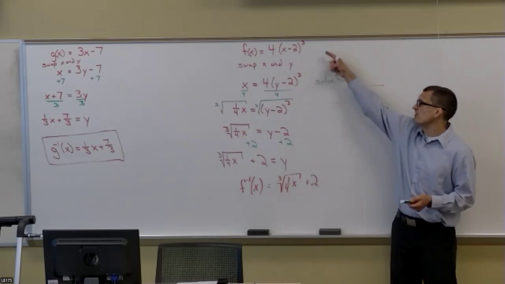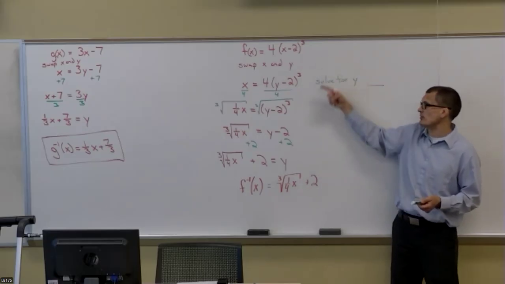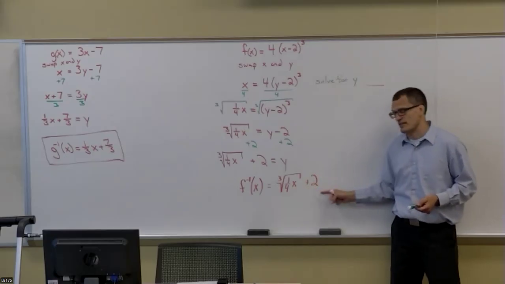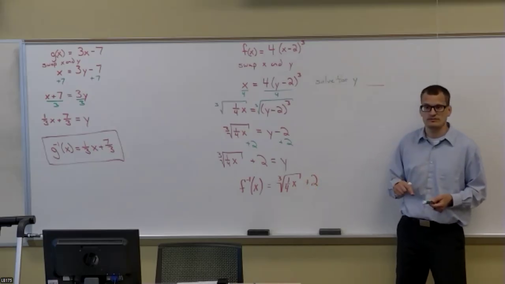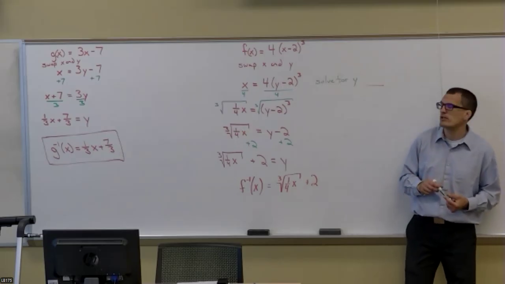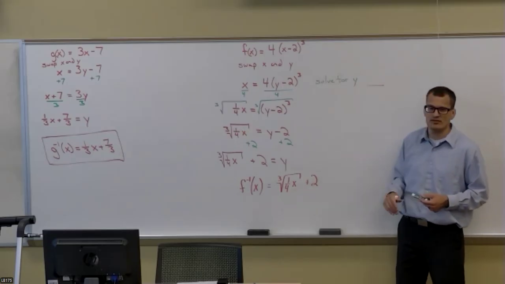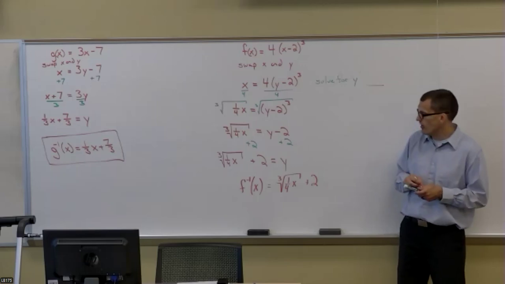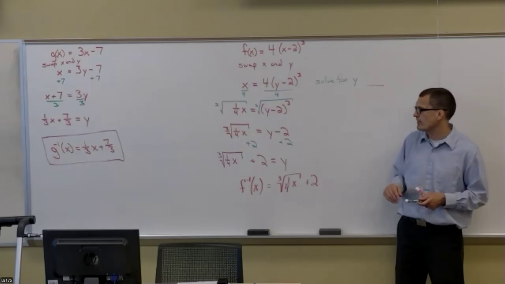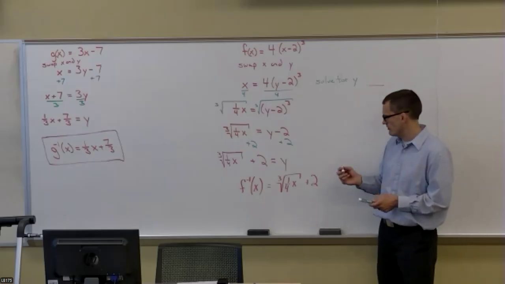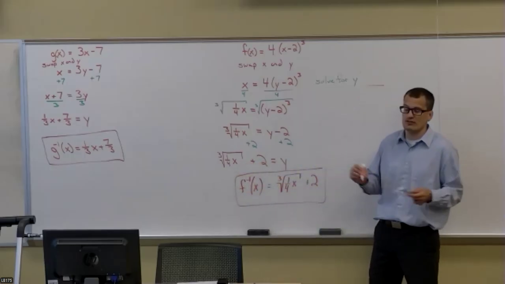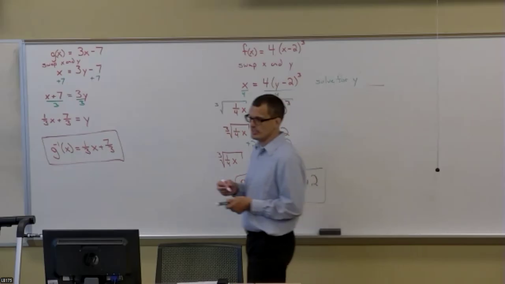By just finding the inverse, I could have found the inverse of f of x, and then said, yeah, that's not the same thing as what g was. So if you get really good at this process of swapping x and y, then solving for y, you can do all those other ones.